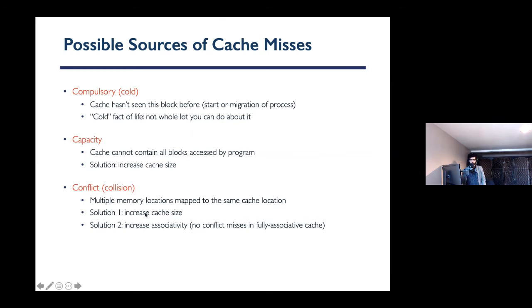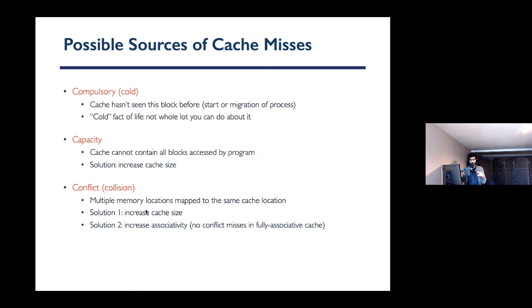To solve this, you still can increase the cache size. If you increase the cache size, then you will have more sets, so the conflict on each set goes down. That's one. The second one, you can actually increase the associativity of your cache. In a direct map cache, many memory blocks are mapped to the single cache block.